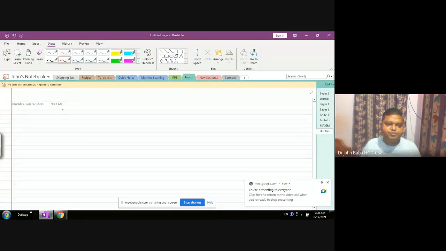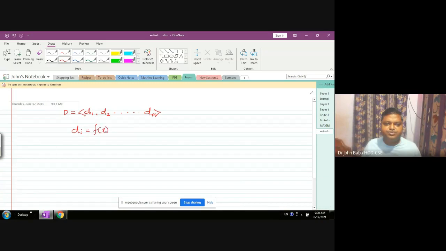So we have taken a problem setting where D is D1, D2, D3, and so on. These are the training examples. Here, Di is generated by adding some noise or error to the function of x.